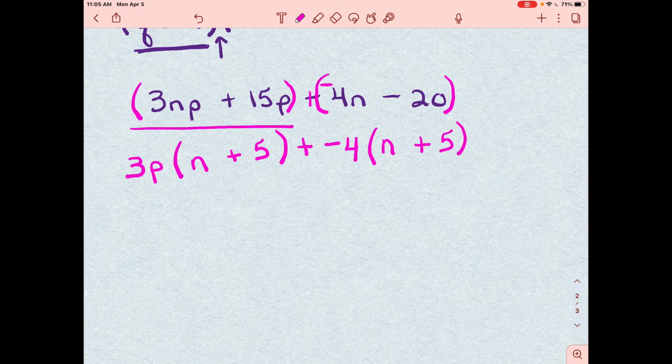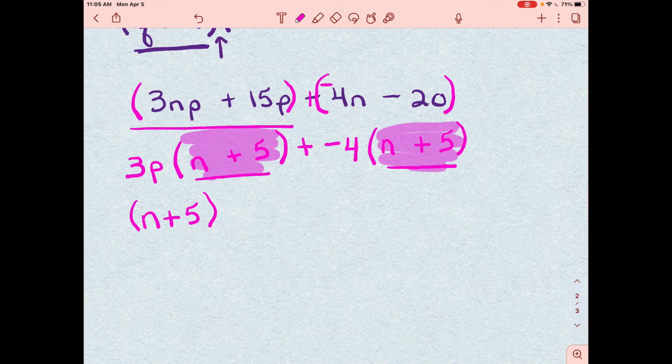I'm being very tricky with my negatives. Negative 4 times positive 5 gives me negative 20. And look what I've achieved: n plus 5 and n plus 5. So that is my common factor. So I'm going to look here and here for my common factor, and I'm just going to write it here, n plus 5.